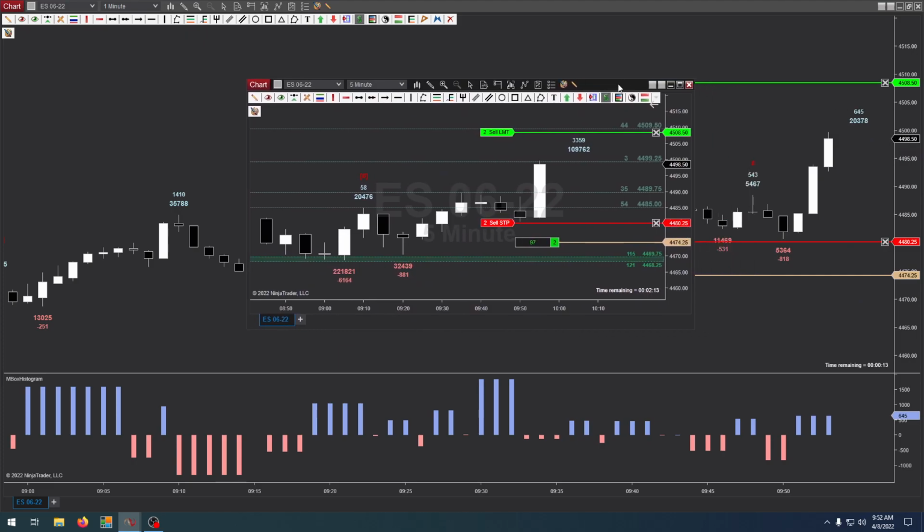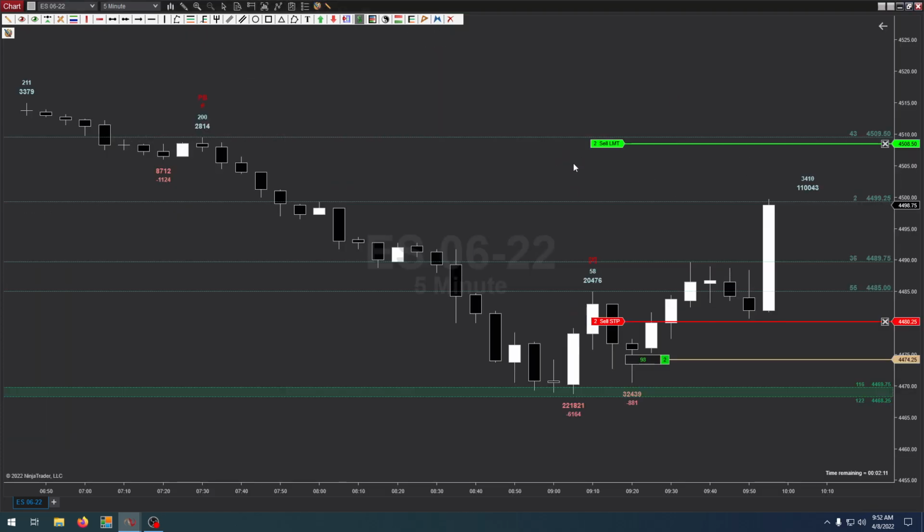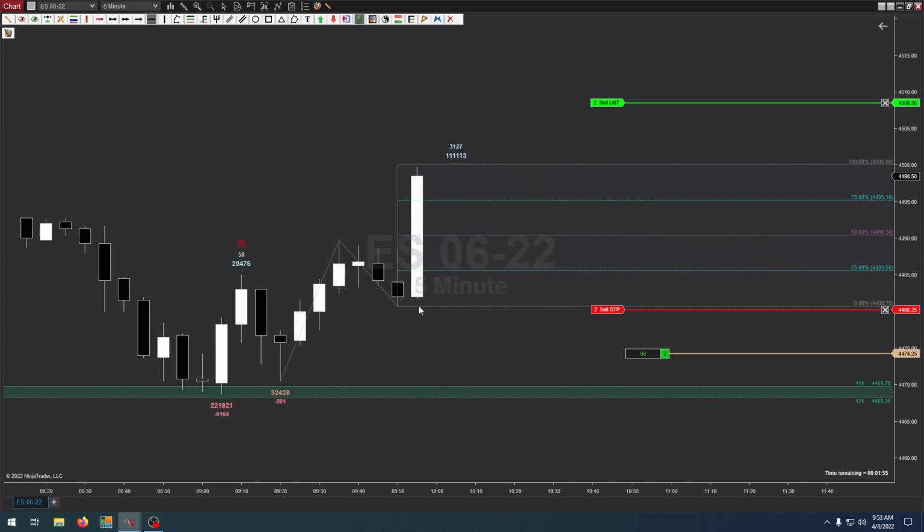But what we did get over here on the 5, I'll show this real quick, is we got through here and we went to this level here. But even though we did not get a confirmed swing short, fractals are what create geometry. And even though we don't have a confirmed swing short, we do have a fractal there, and that created the geometry.